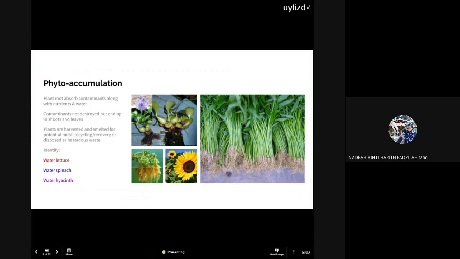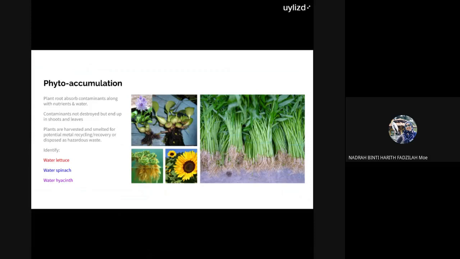Sebagai contoh phytodegradation. Contoh yang banyak dalam textbook untuk sukatan kita is basically one type of phytoremediation, which is phytoaccumulation.